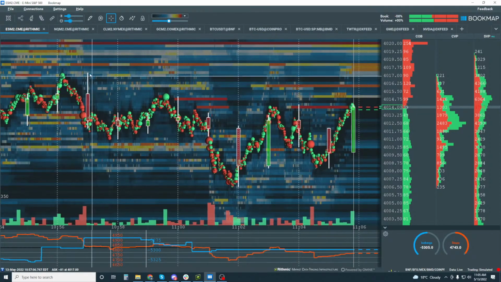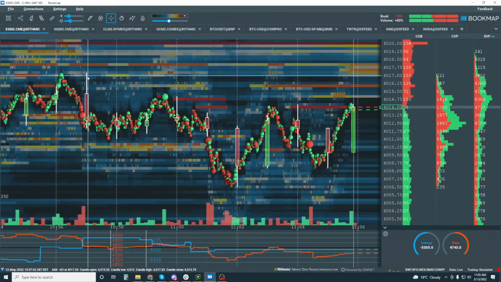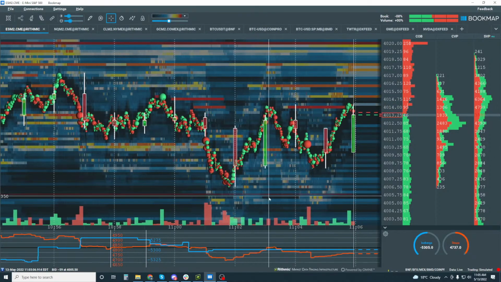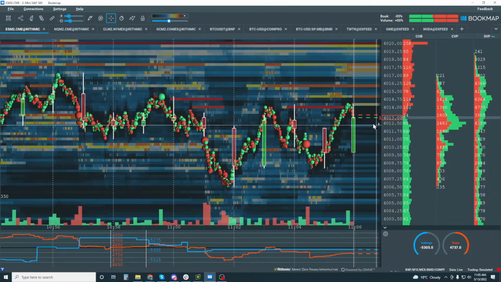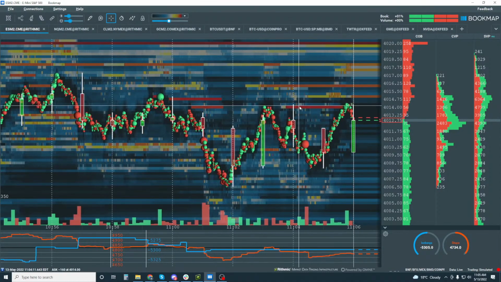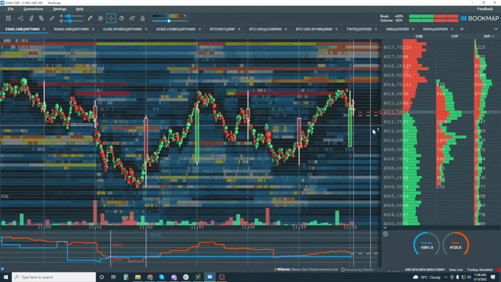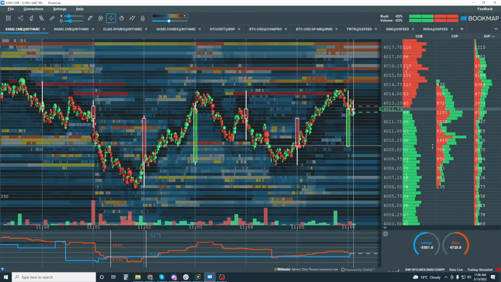Back up into these previous wicks up here, where we know a wick means rejection. Okay, so we got back up here, top of the range, and it's kind of struggling, but let's see, do we get a little more buying in here?